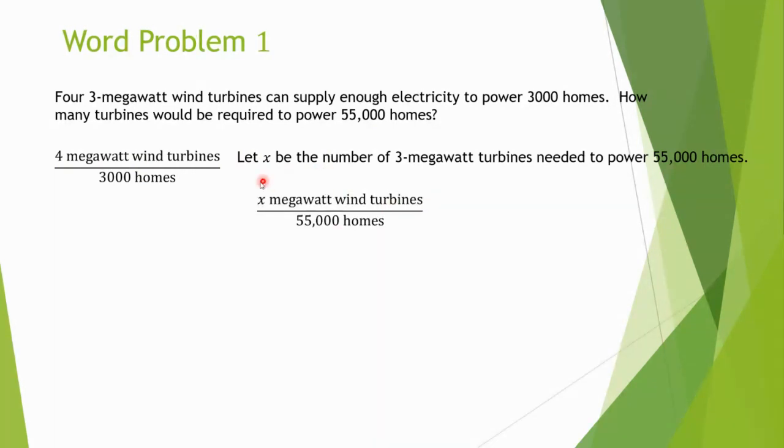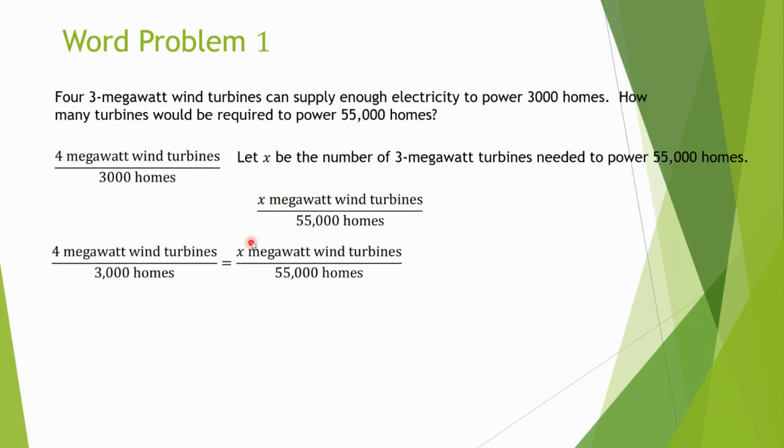That number is X. These two rates are going to be equal to each other, mostly because they're both dealing with those wind turbines, how many of them are needed to power homes. I'm sure if you do some fancy calculation from here, you can get how many one would power, but this is enough.